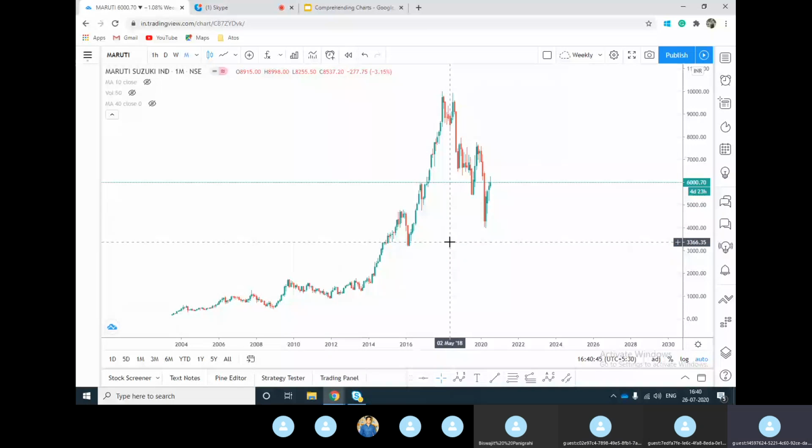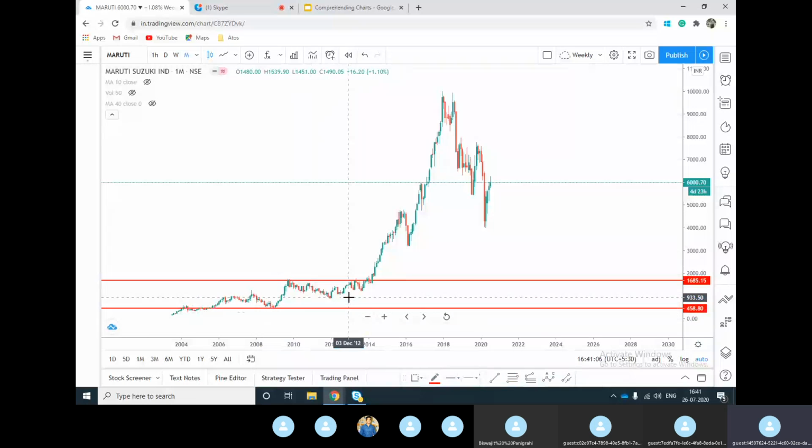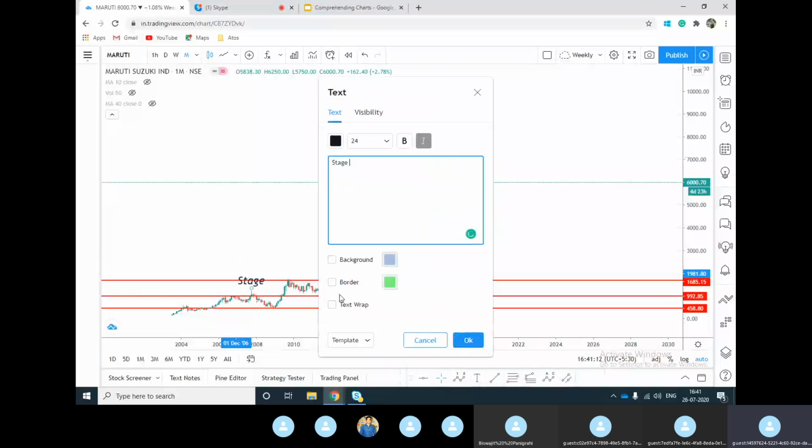I will take 10 seconds from here. I think everyone must have already guessed it. This particular stage is range bound, so I can say it is stage 1.